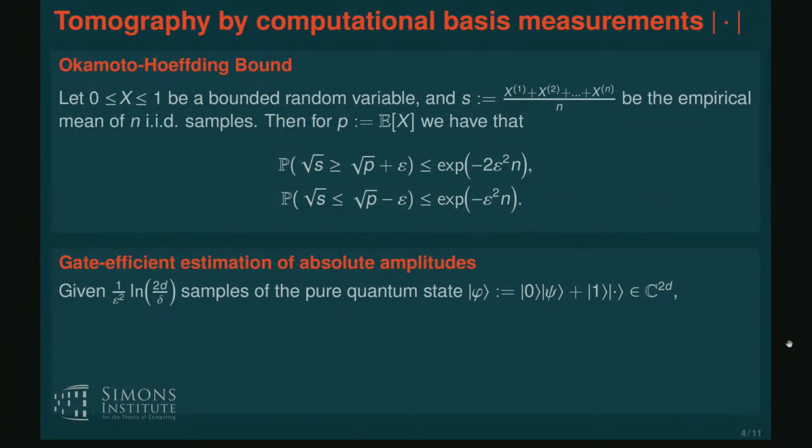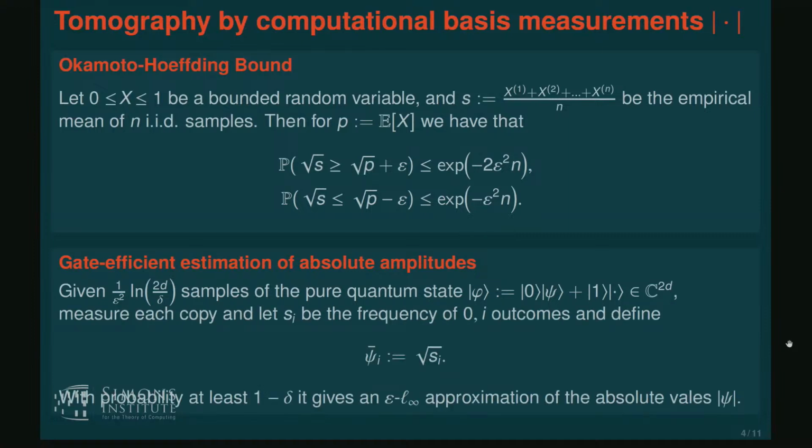Okay, so this is the concentration inequality that I will use, and what it tells me is that if I have a quantum state, and once again this quantum state has the form that it has a flagged part which I care about with 0 qubit, and with 1 qubit there is some other state which I don't care about at all. So I just put a dot there, meaning that you shouldn't worry about it. So what you do is just have this state phi, which contains psi as a subnormalized part, and just do computational basis measurements.